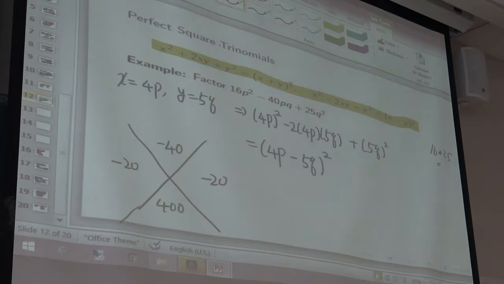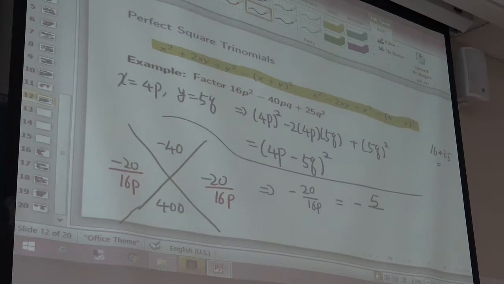And we divide it by 16p. When you do that, we have negative 20 over 16p. Let's simplify this by dividing by 4, which makes it negative 5 over 4p.